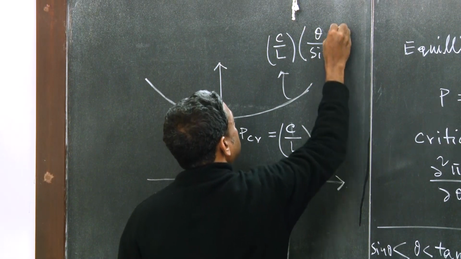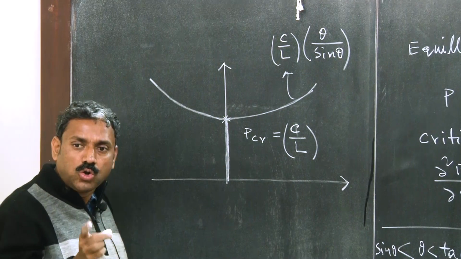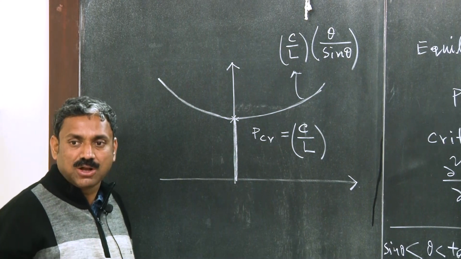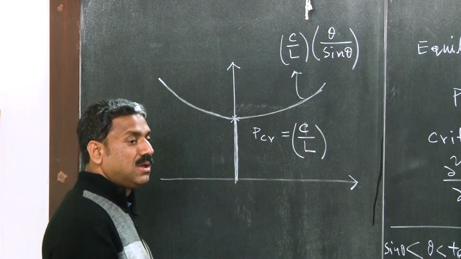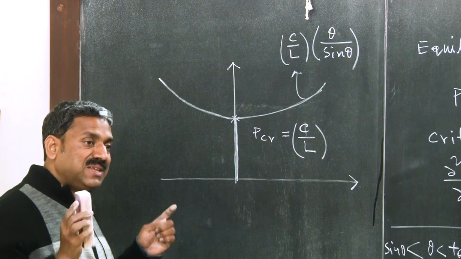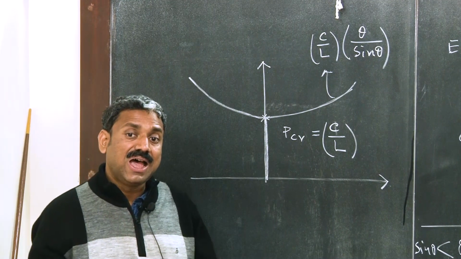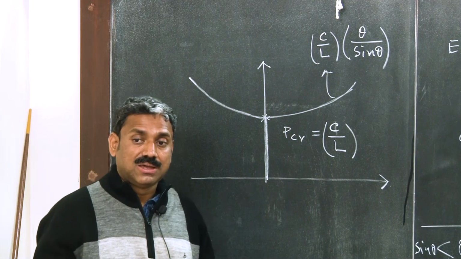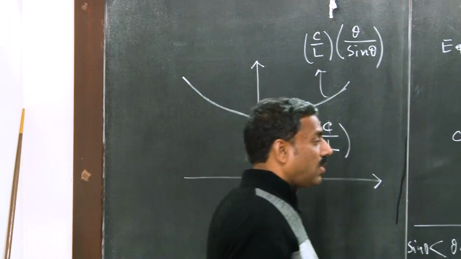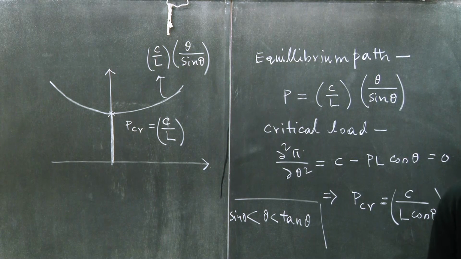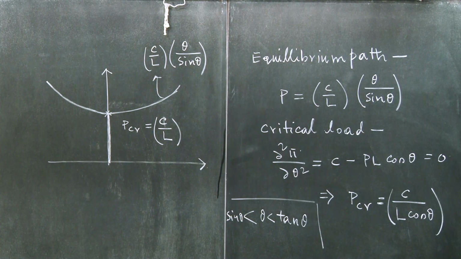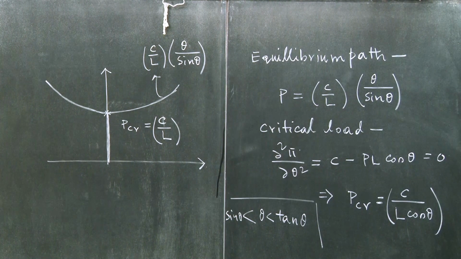So this path is the equilibrium path, and we don't know till now whether it is stable or unstable. We will see that. Clear? Okay. Now next, if this is the equilibrium path, we have to see the nature of the equilibrium path, whether it is stable or unstable. So how to do that? Let us preserve it as the potential energy functional.